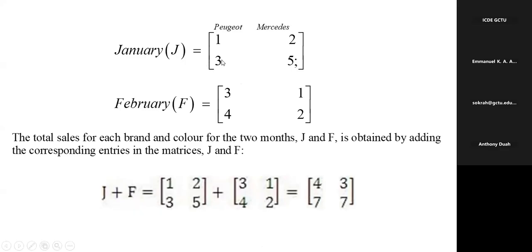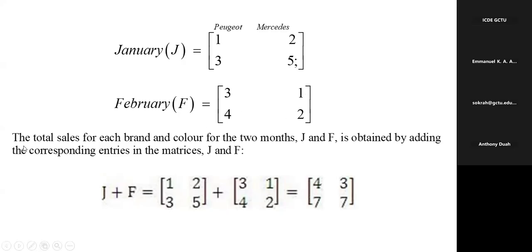The same January, three blue colored Peugeots were sold, and five blue colored Mercedes were sold. In February, three red colored Peugeots were sold, and one red colored Mercedes was sold. Four blue colored Peugeots were sold, and two blue colored Mercedes were sold.